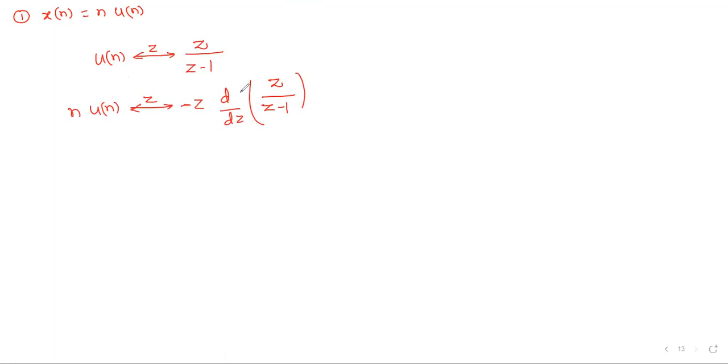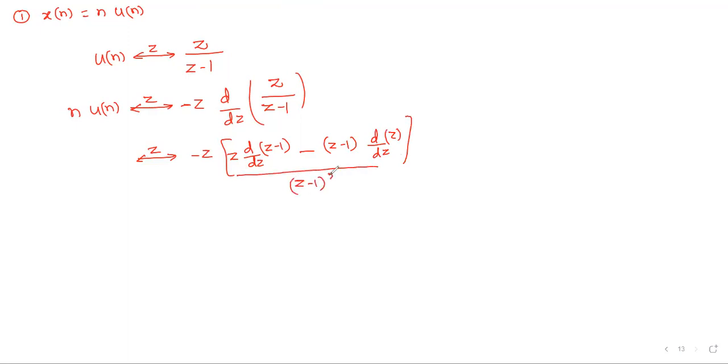The z transform will become minus z into d by dz of z by z minus 1, that is, (z minus 1) into d by dz of z minus z into d by dz of (z minus 1), divided by (z minus 1) whole square.